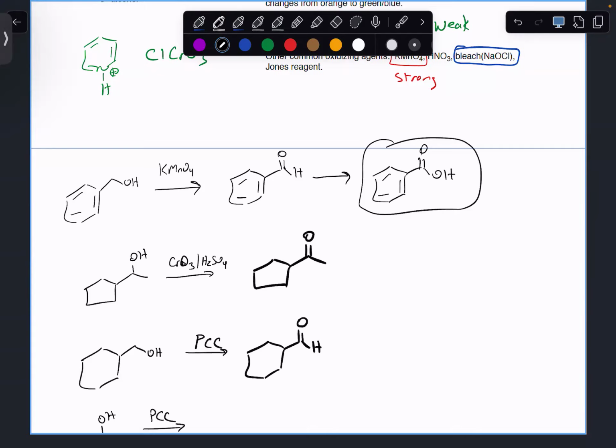And here's the difference. With a strong oxidizing agent, as we saw up top, it was impossible to stop at the aldehyde. However, with the weak oxidizing agent, with PCC, you oxidize to the aldehyde and it stops.